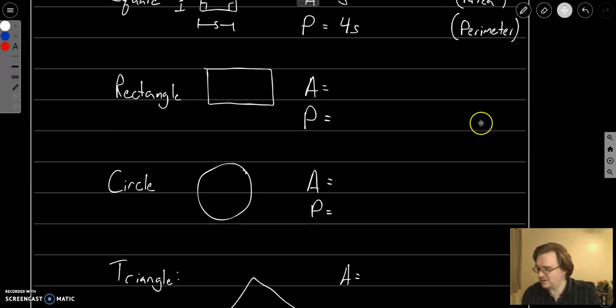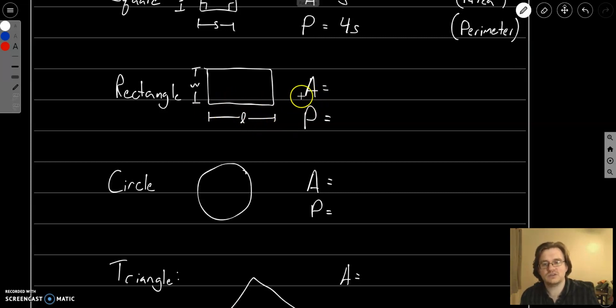For a rectangle, this book uses width, so a W to represent the height of the rectangle, and an L, so script L, for the length. So the area is just going to be the width times the length. In fact, they normally write the length times width.